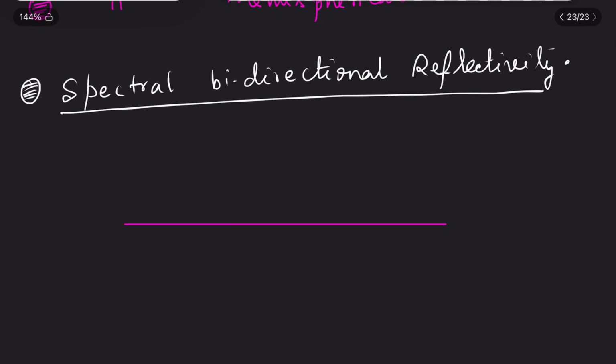But now this incoming ray can come from this direction or from this direction, it can come from any direction throughout this hemisphere. Okay, so we take that this is the direction of the incoming ray, we denote as S subscript I. Now I can have my reflected ray like this in any direction.